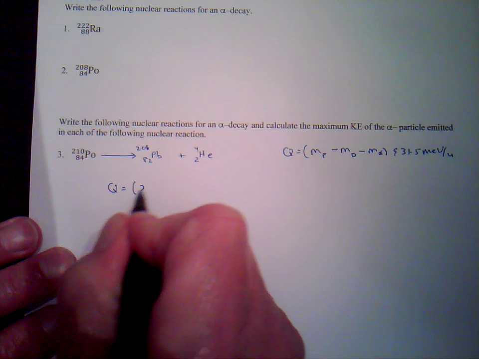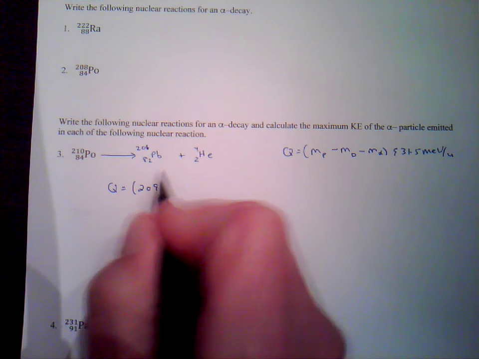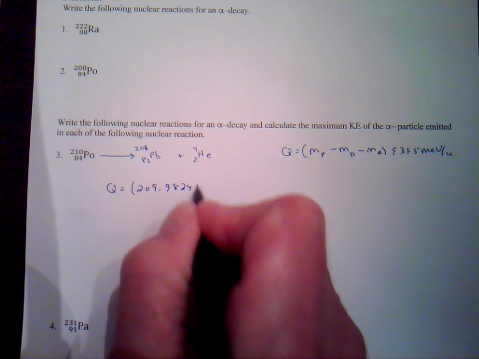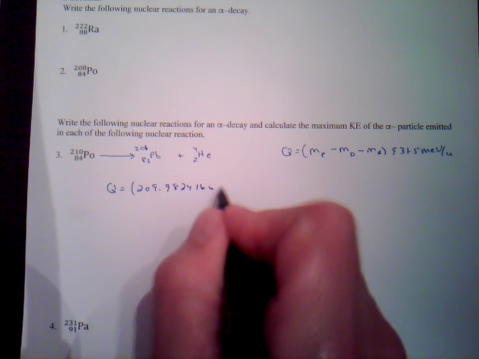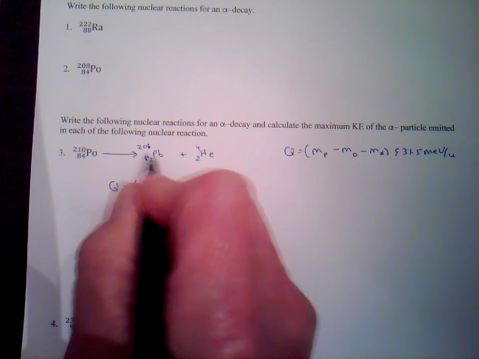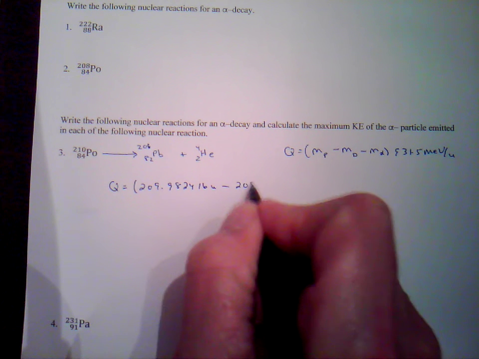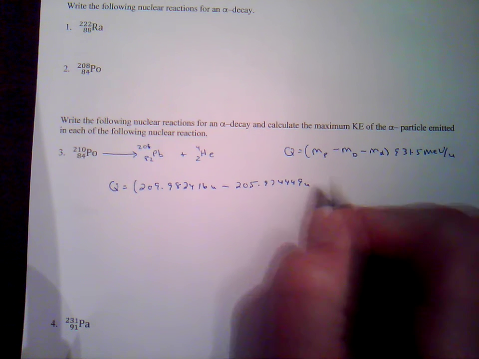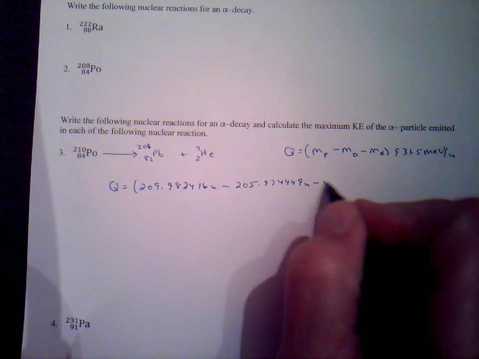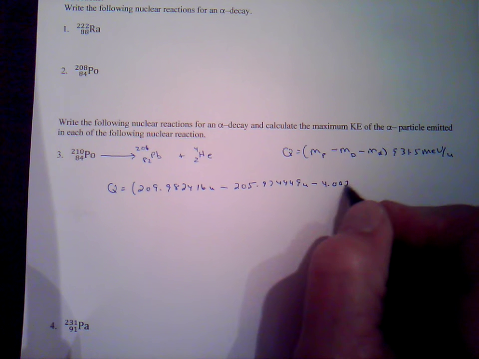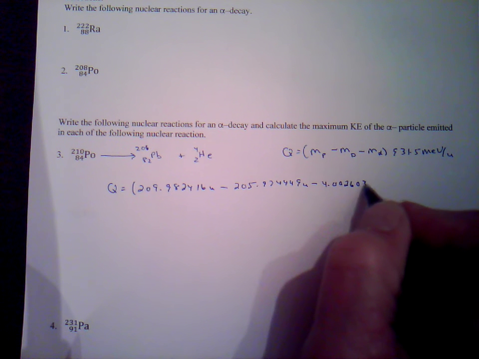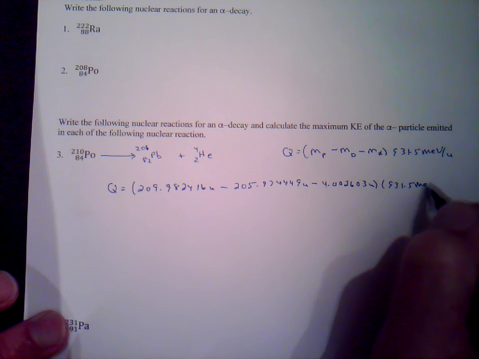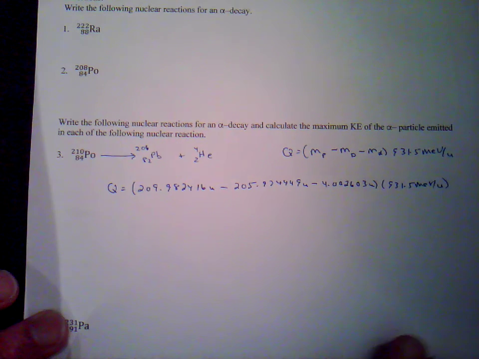This is going to be 209.982416 atomic mass units, minus the mass of the daughter, which is lead-206, 205.974449 atomic mass units, minus the mass of the alpha particle, which is 4.002603 atomic mass units, and all that times 931.5 megaelectron volts per atomic mass unit.